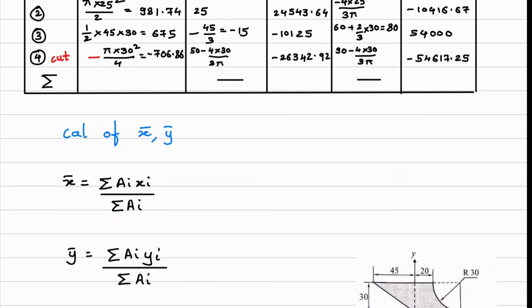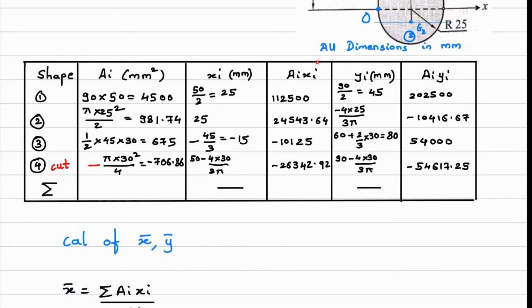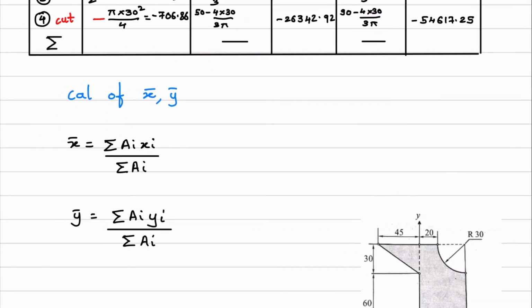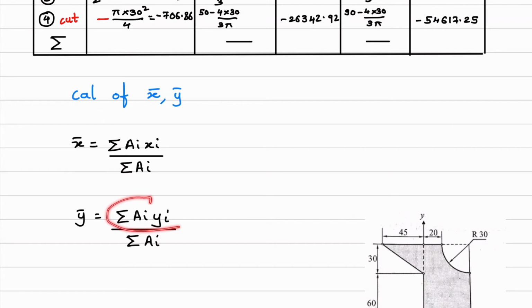X bar is summation ai xi upon summation ai. So we have to take the summation of ai into xi, and we have to take summation of ai. Write it over here and here. And then what is y bar? Summation ai yi upon summation ai.